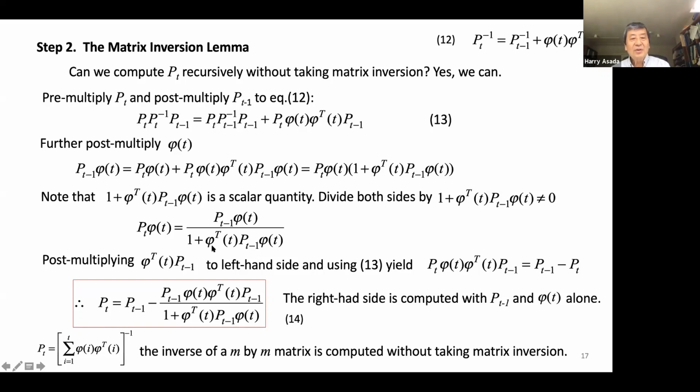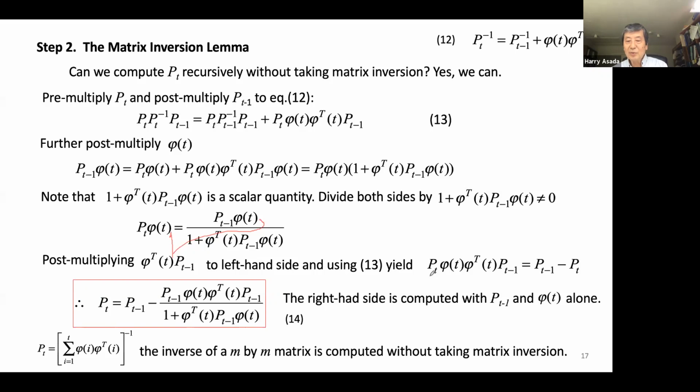Okay, so look at this. We are very close to finding the PT as a function of PT minus 1. One more step is needed. So we post-multiply this guy, comes to this point. So let me just put this one over here, also putting this one over here, right? So the left-hand side, this term, PT phi t times phi transpose PT minus 1.